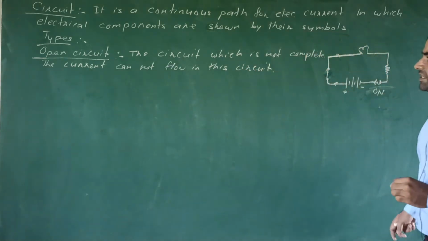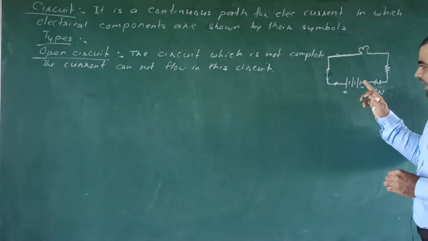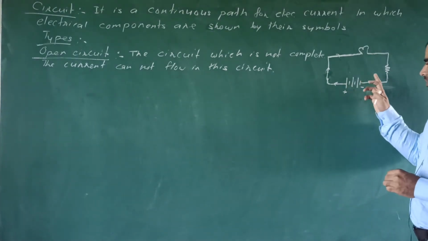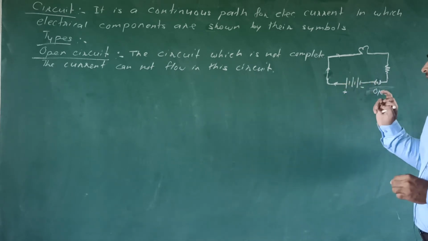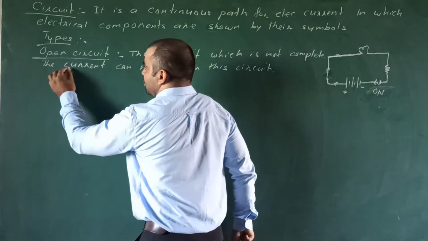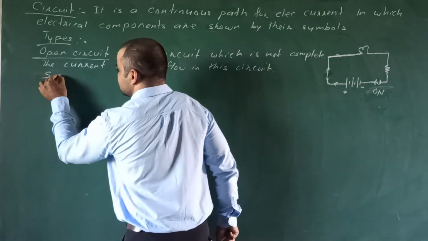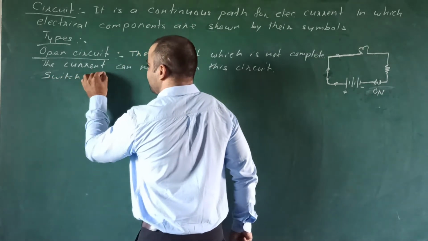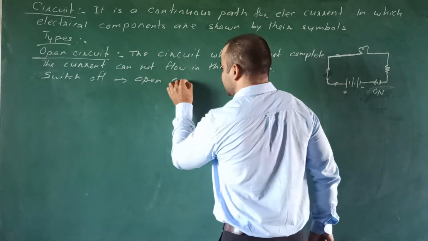In an open circuit, current cannot flow, which means charged particles cannot move from the positive terminal to the negative terminal or from the negative terminal to the positive terminal. Switch off means open circuit.